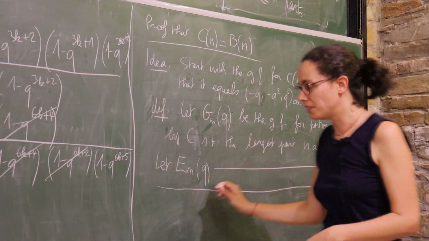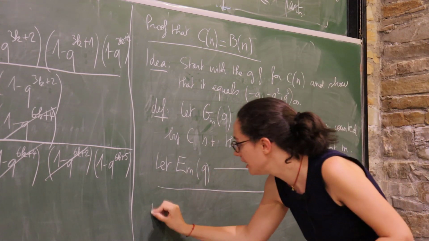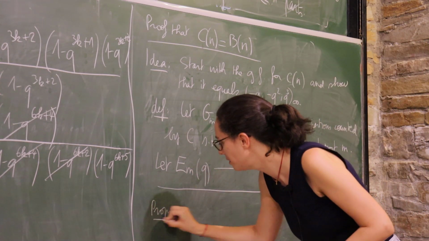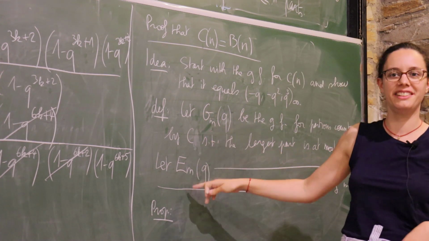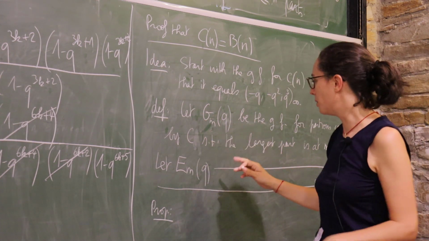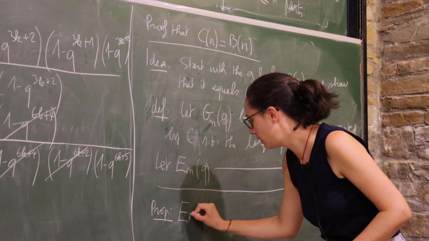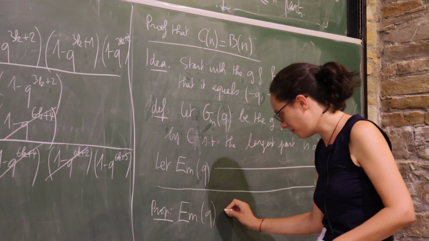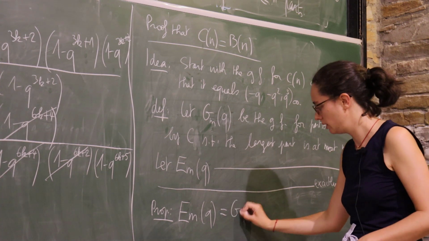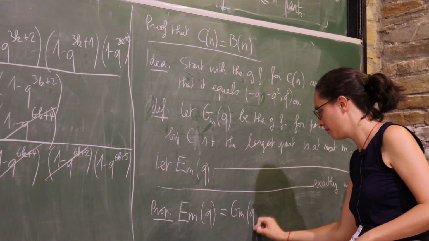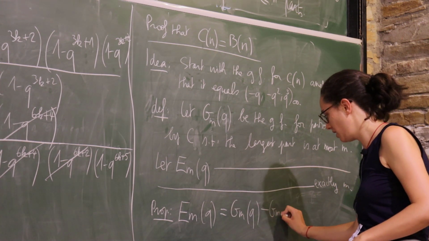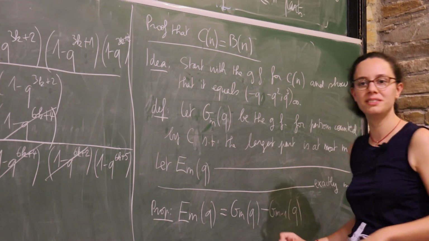Okay, so first there is a very simple relation between the G's and the E's. I claim that E_m is equal to G_m minus G_{m-1} of q.